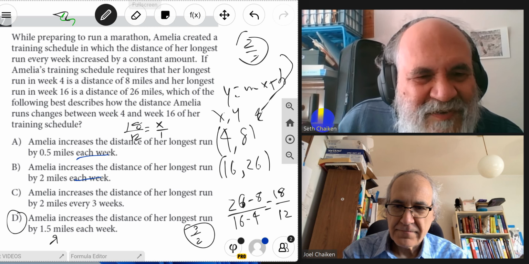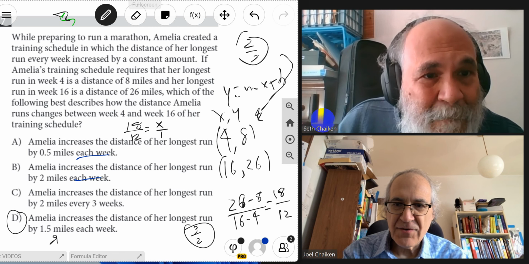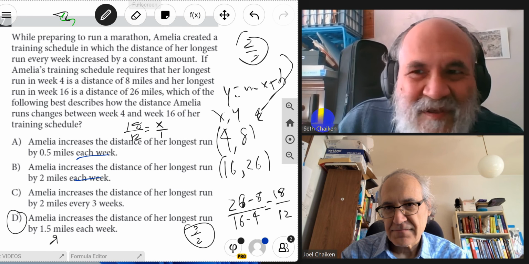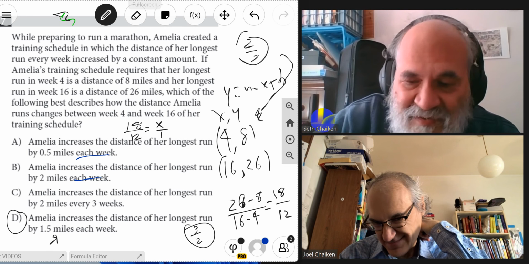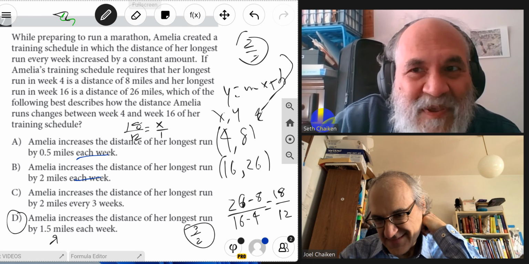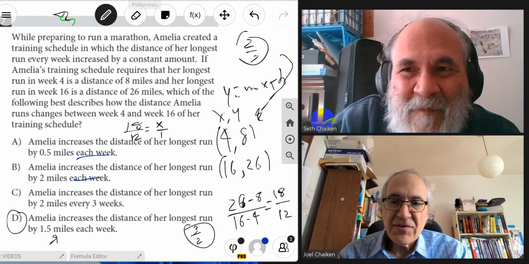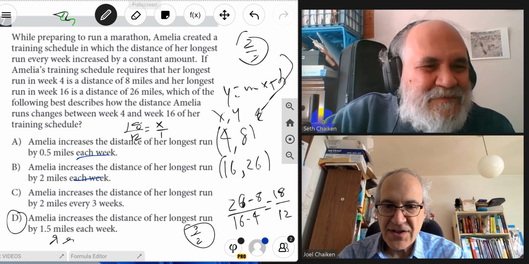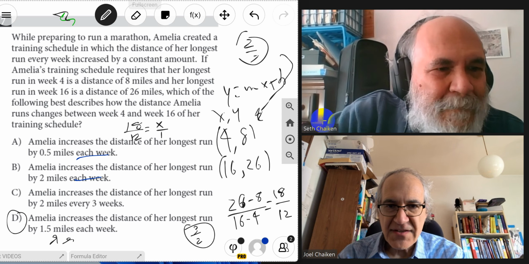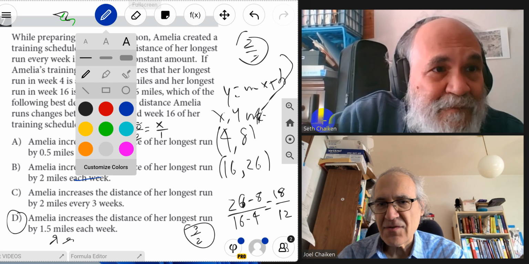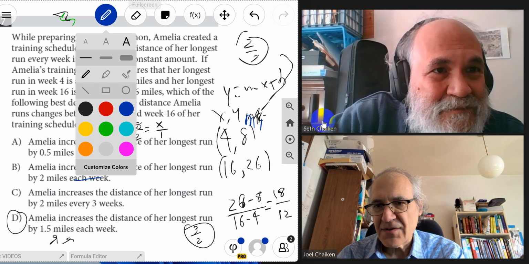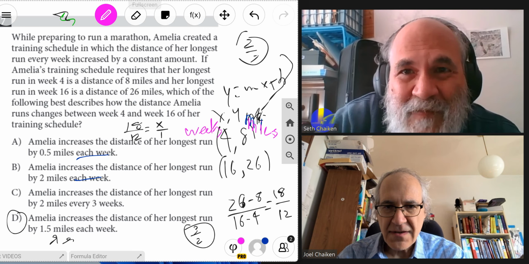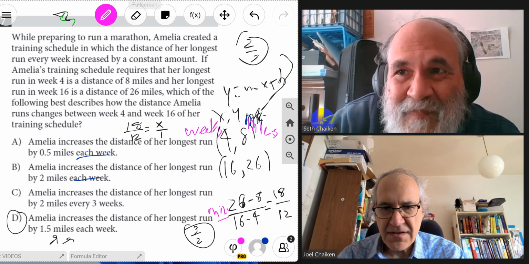The units certainly help you here. It's miles per week, so the units have to be miles per week. The units of this thing are miles, and the units of this thing are weeks. And notice that we're doing miles per week.